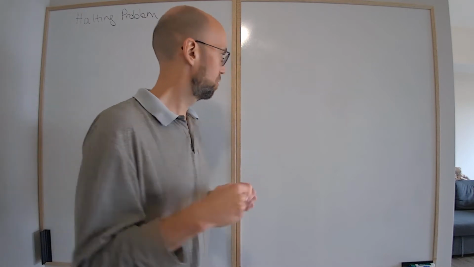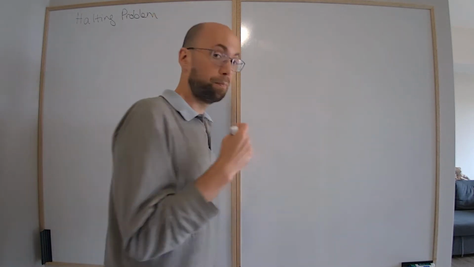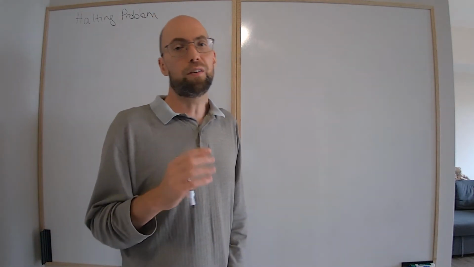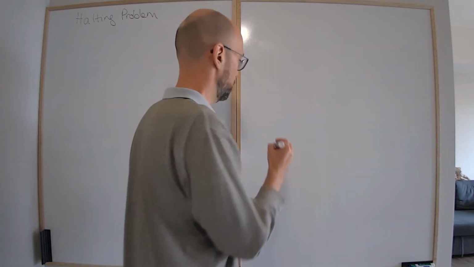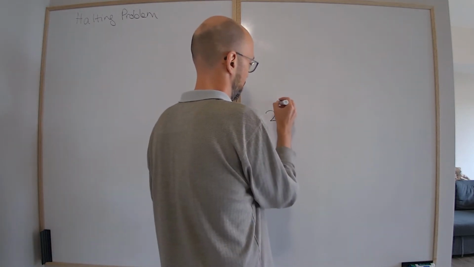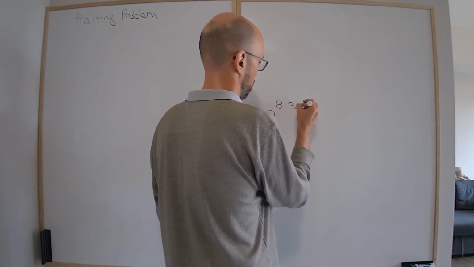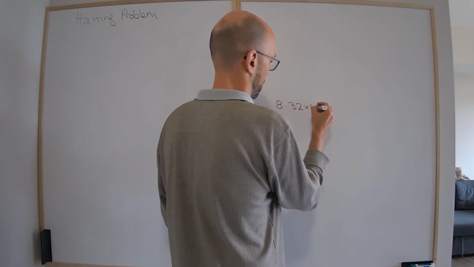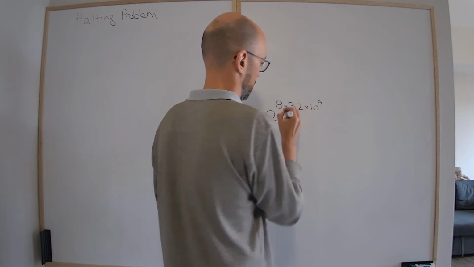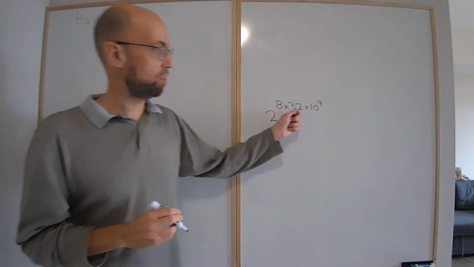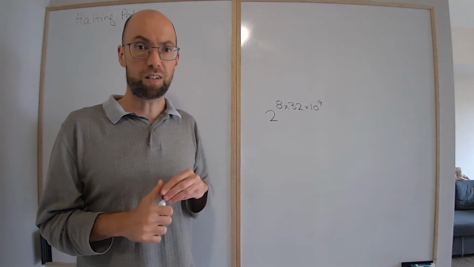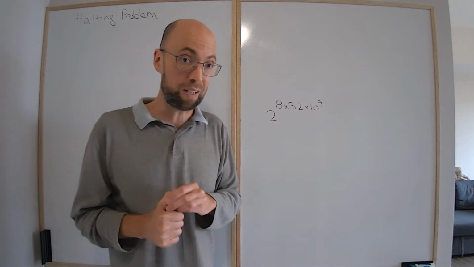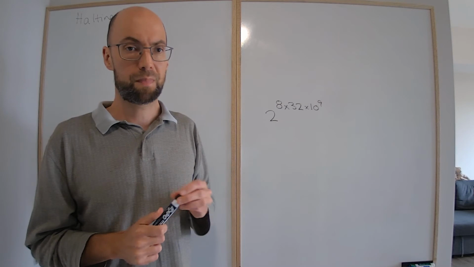Well, each bit is 0 or 1. Okay, let's pretend you've disconnected the hard drive as well. It's 2 to the power of 8 times 32 times 10 to the 9. Okay, so this is a big number. That's how many states it can be in, but it's finite.